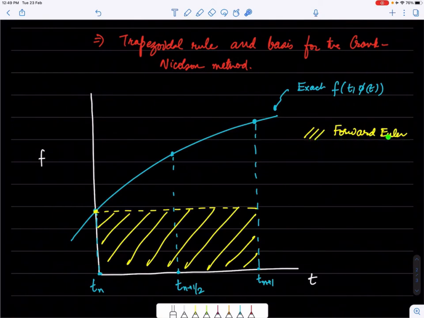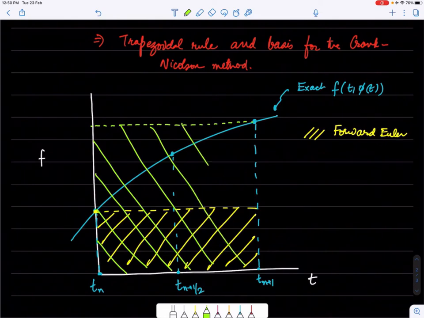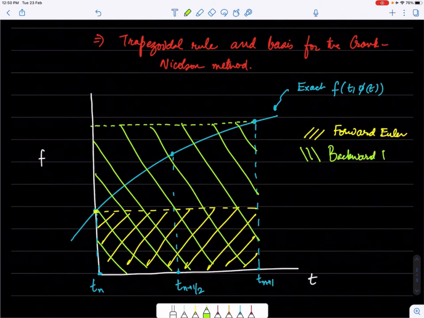So this is the forward Euler approach. Now what does the backward Euler do? The backward Euler is saying that you use the value of the integrand at t_(n+1) and use that to calculate the area under the curve. So let me show that by a hatching of this type. So this is the approximation given by the backward Euler approach.